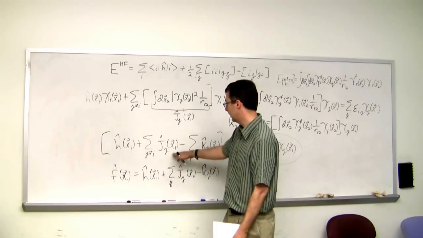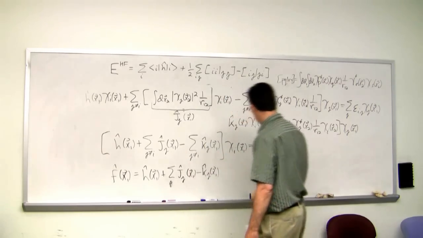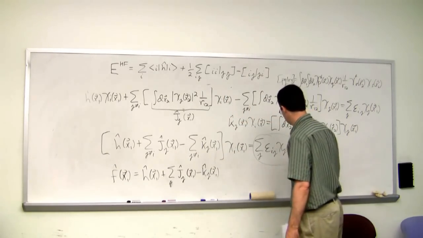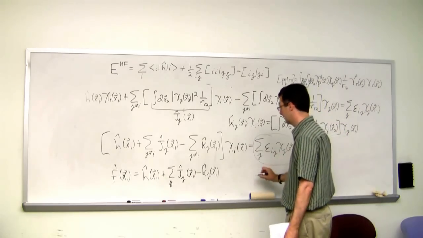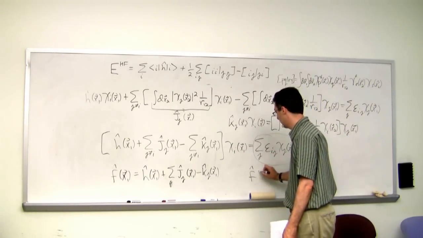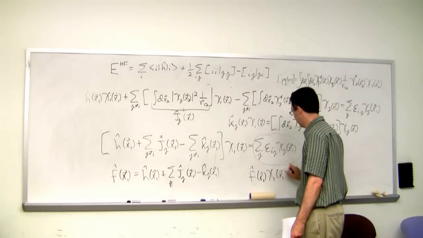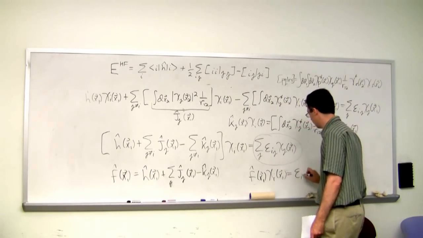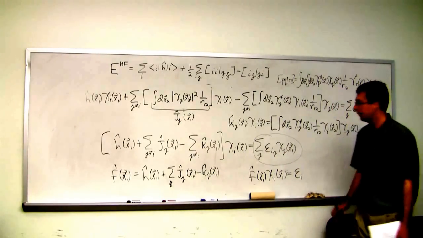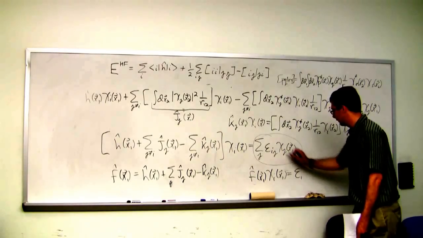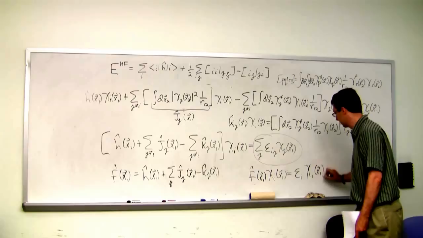So f is basically this thing above. And then this is going to turn into the diagonal matrix. So that means all the stuff I can write in shorthand as f of x1 times chi_i of x1 equals epsilon_i, the diagonal element of this matrix once I've diagonalized it, times chi_i of x1.